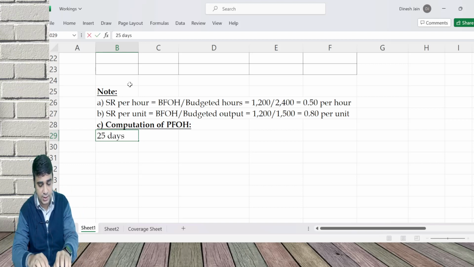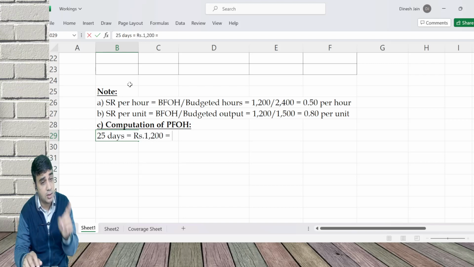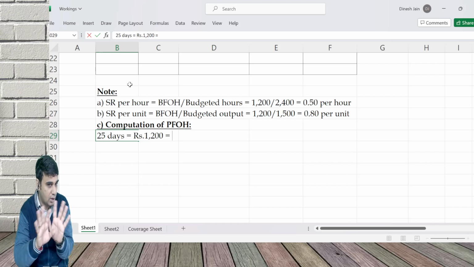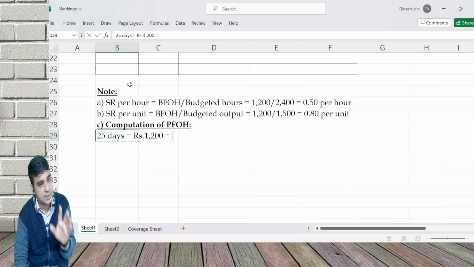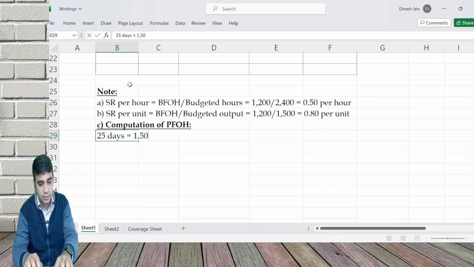Listen, 25 days is equal to 1200 rupees. You need not write this fully, I'm just trying to explain it. In 25 days, how many units you wanted to produce? 1500.